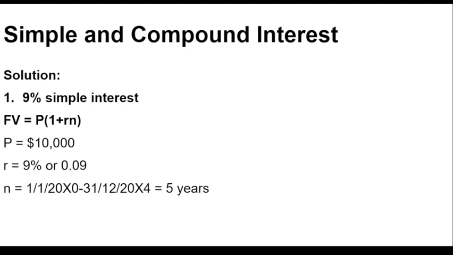So that is 5 years. The future value therefore is the principal amount multiplied by 1 plus 0.09, which is the rate, times 4, sorry, this should be 5. There's a mistake there. This should be 5. Multiplying that.